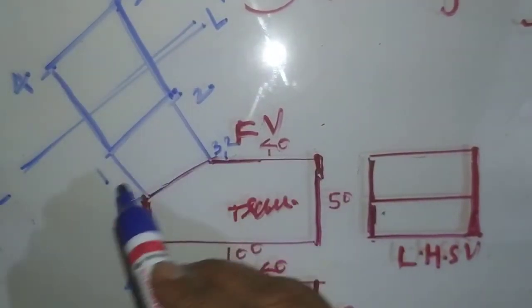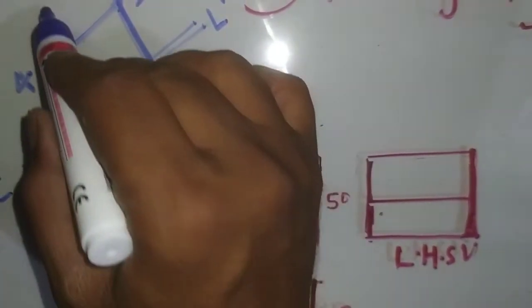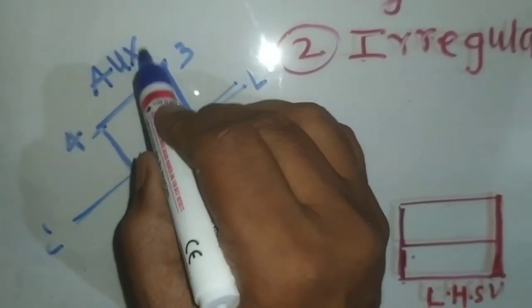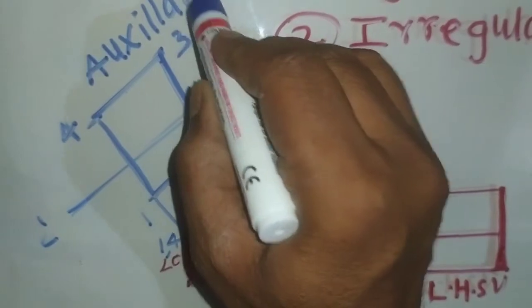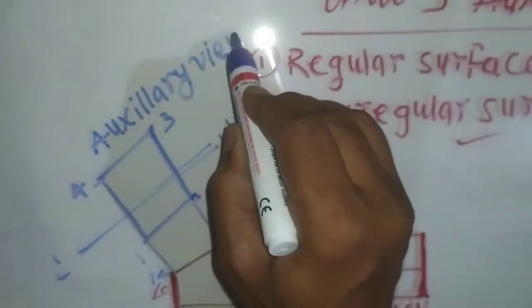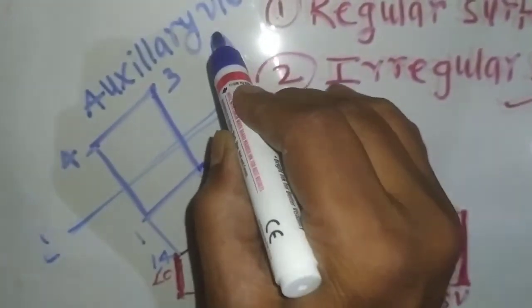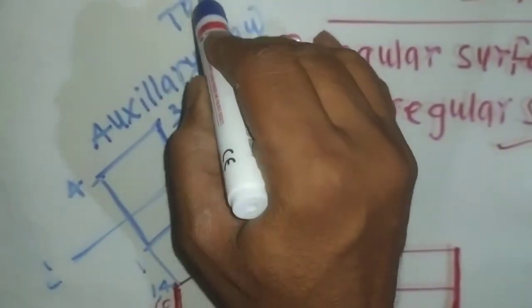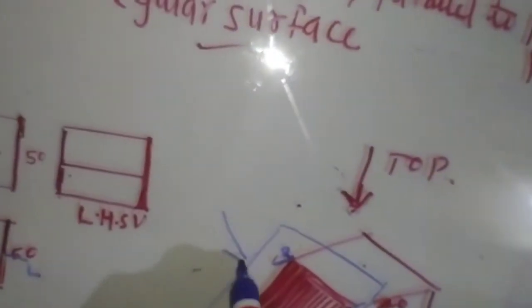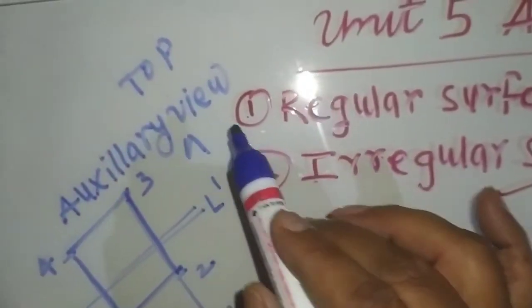So this surface is a true shape, and this is called the auxiliary view. And since we are looking in this direction, it is called the auxiliary top view.